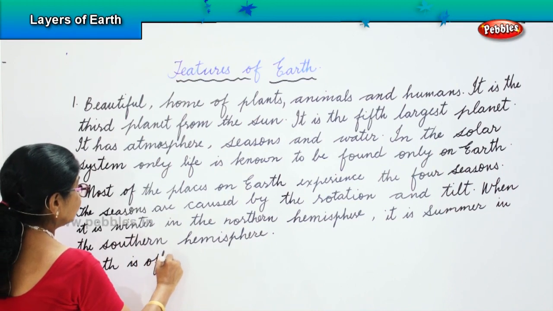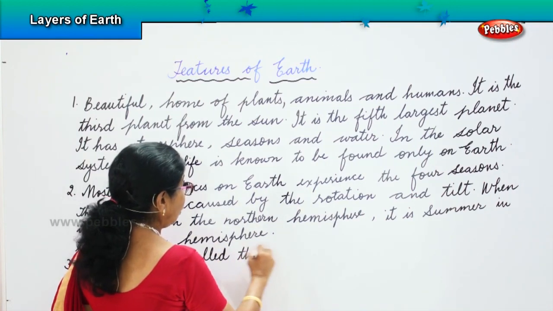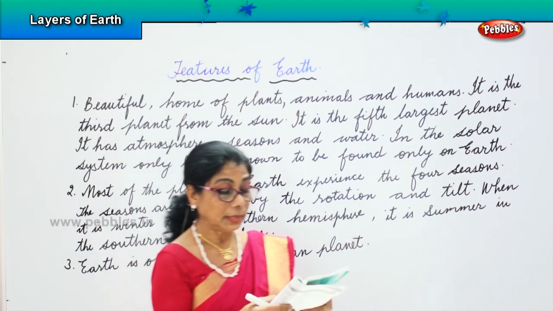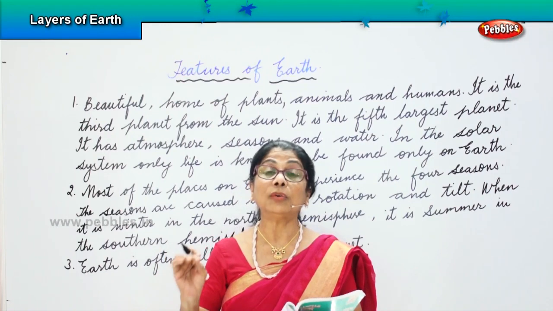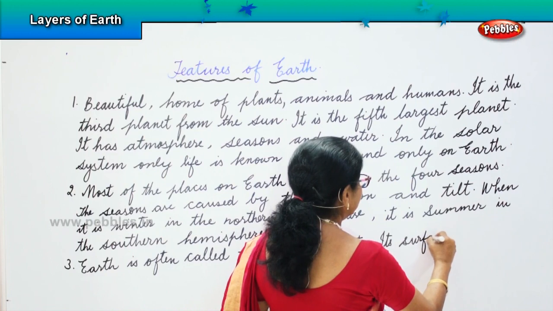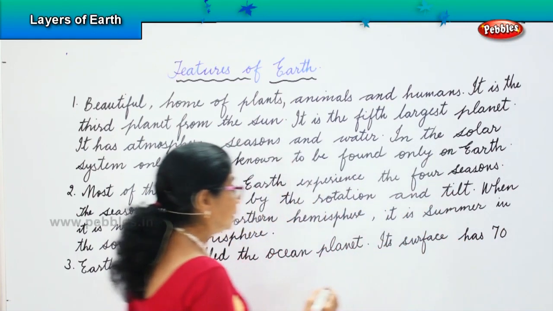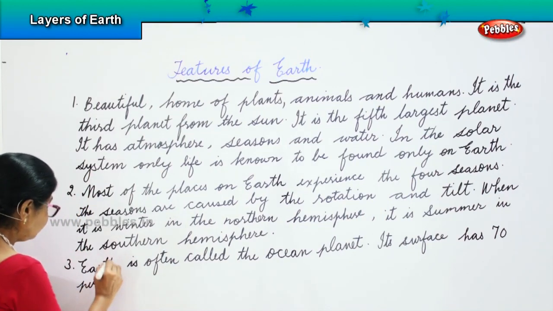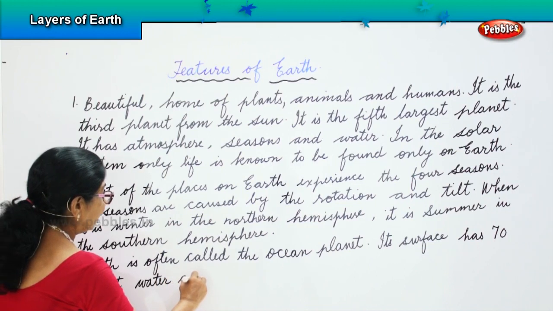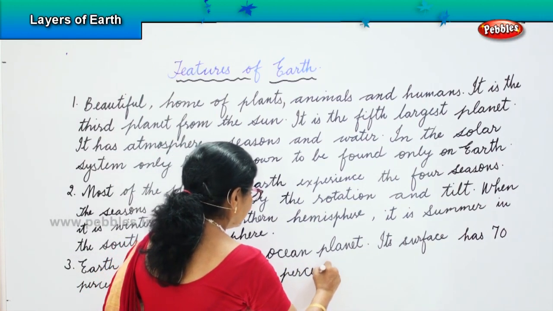Its surface has 70% water and only 30% land.